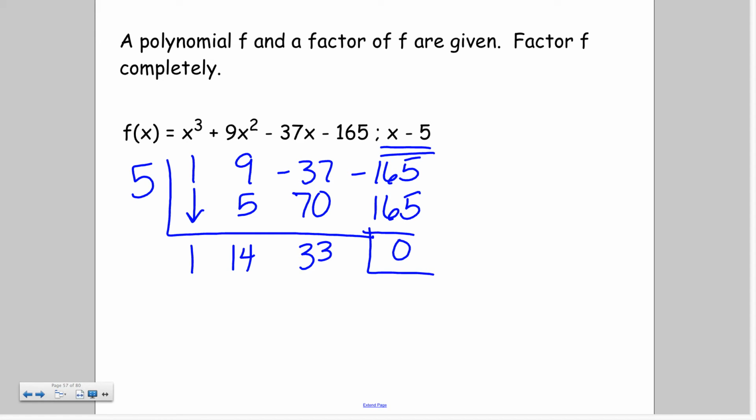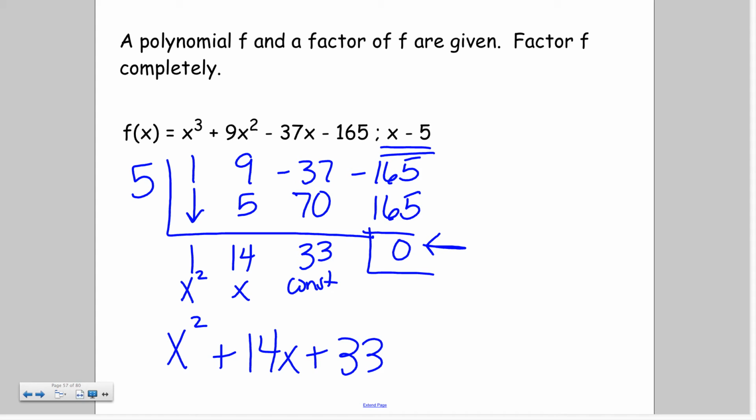Now, I know that that's a factor. I just proved that it is in fact a factor because it doesn't have a remainder. Okay? So now I'm going to look at my answer, the 1, the 14, and the 33. That's going to be x squared, x, and my constant. So I've got x squared plus 14x plus 33. That I can solve. I can use my x method.